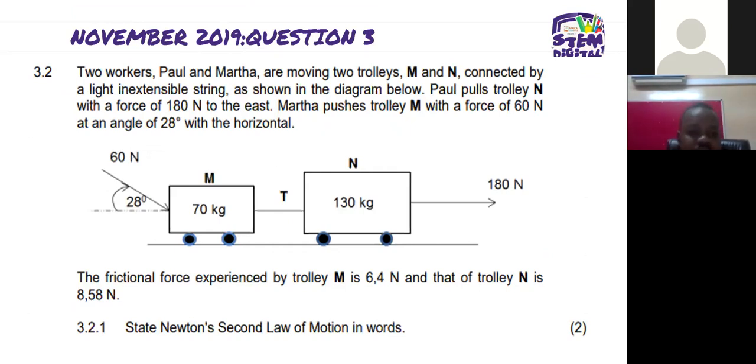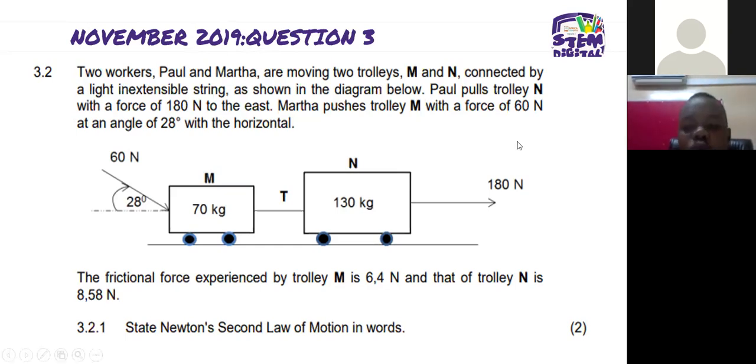The string is light, meaning you can neglect the mass. You just take that the mass is not affecting the system. Paul pulls trolley N with a force of 180 newtons to the east. Martha pushes trolley M with a force of 60 newtons at an angle of 28 degrees with the horizontal.